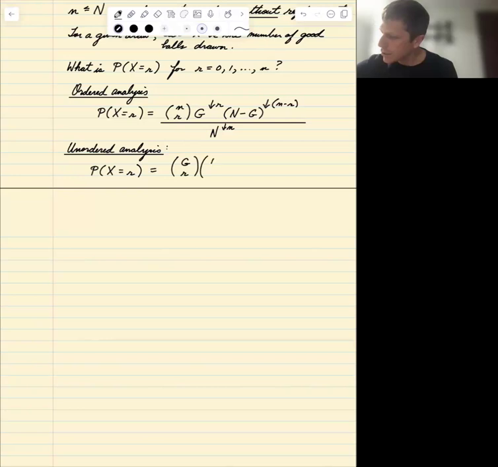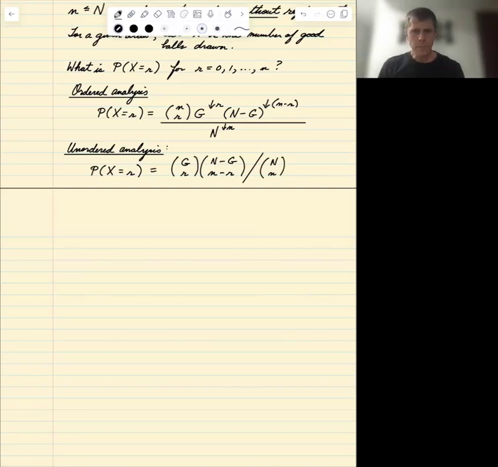We take N minus G balls. And we have to pick little n minus R of them. And how many possible unordered ways to pick little n from N? Well, capital N choose little n. Both give you the same answer, and you should verify that these probabilities are exactly the same. It's just a different way of thinking, a different way of coming up with the answer. Okay. So verify that these are the same.